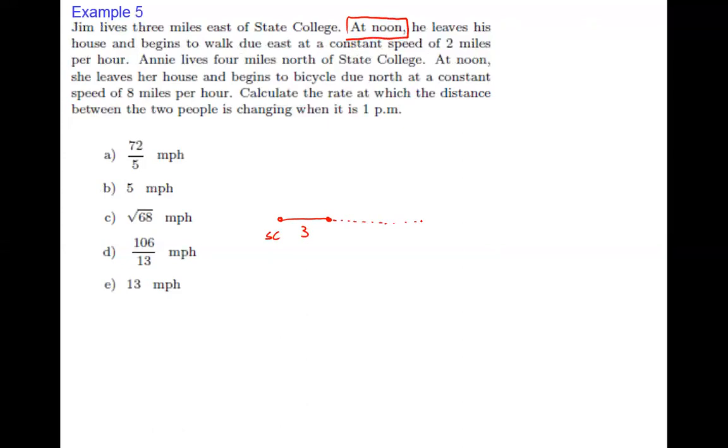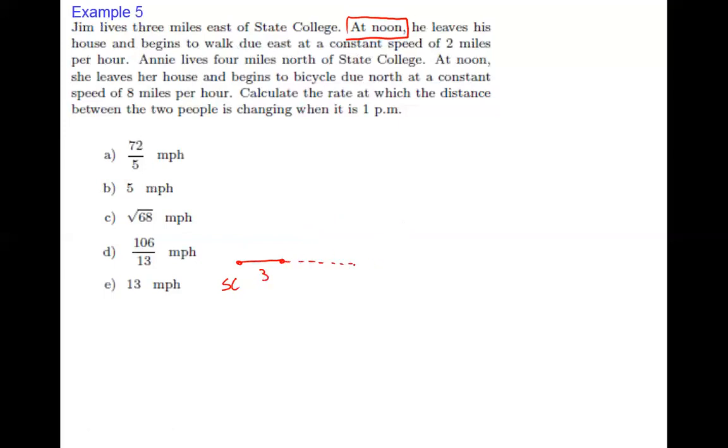That means he is walking, that's his distance. Let's say I will stop at the moment. Now, Annie lives 4 miles north. Maybe I can draw a little bit lower because I need 4 up. State College, 3 miles.